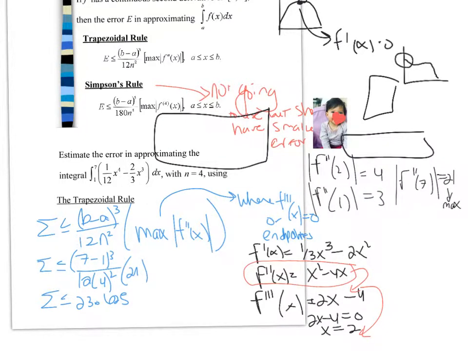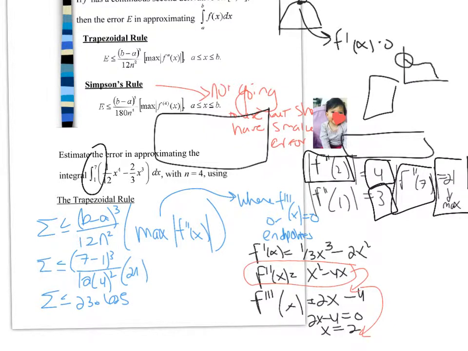What you should notice is that when I plugged in the 2 for the second derivative, it was 4. Then I have to plug in both endpoints. Remember, that's the endpoints of your integral, so I had to plug in 1 and 7. When I plugged in 7 to my second derivative, it was 21, so that's the highest value I have. So that goes in for the max of your second derivative.